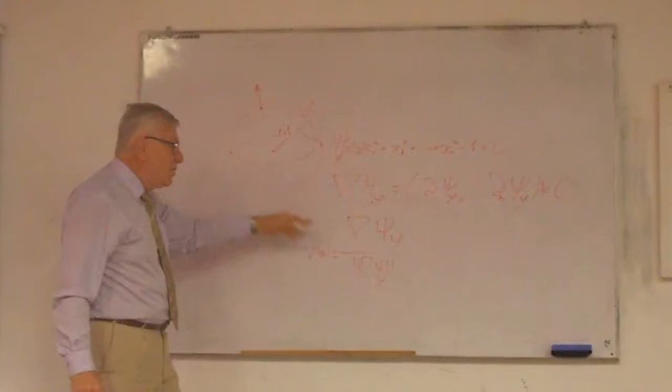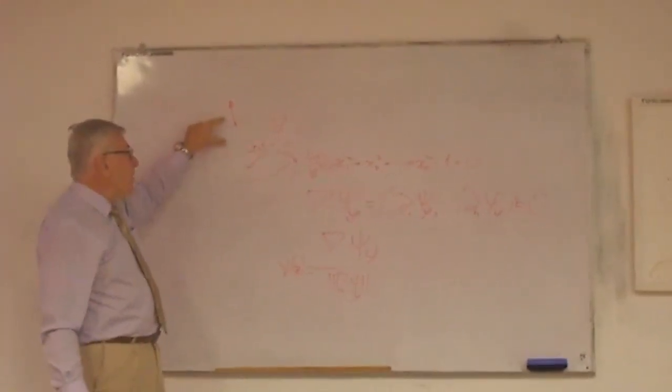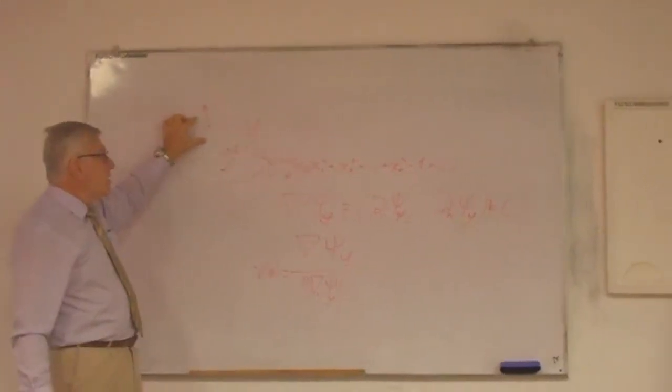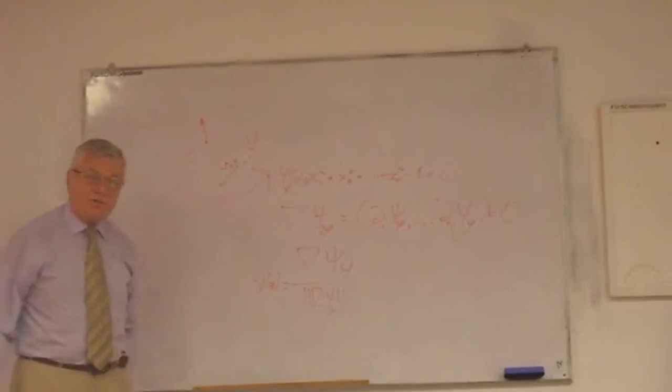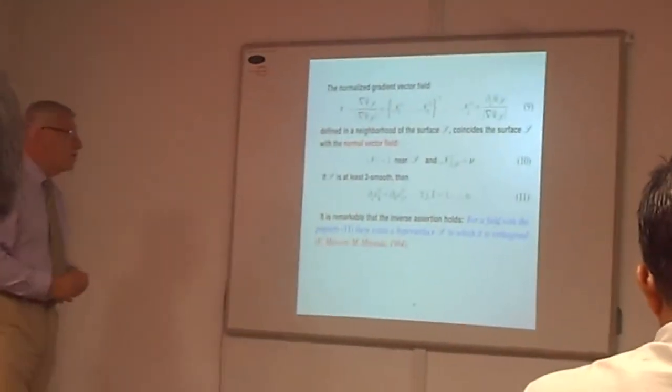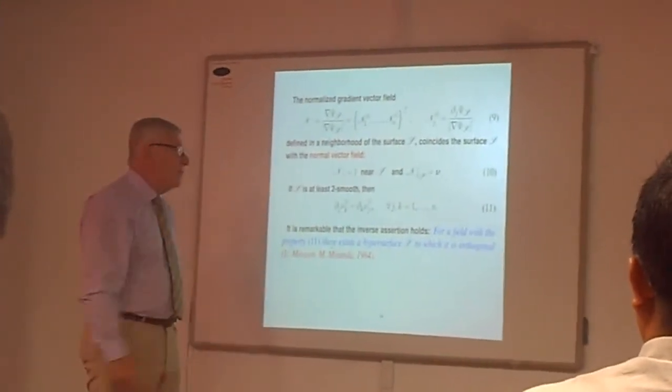So you can continue this normal vector field into the neighborhood of the surface. You have this normal vector field extended in the neighborhood of the surface. It's important because we will use it.